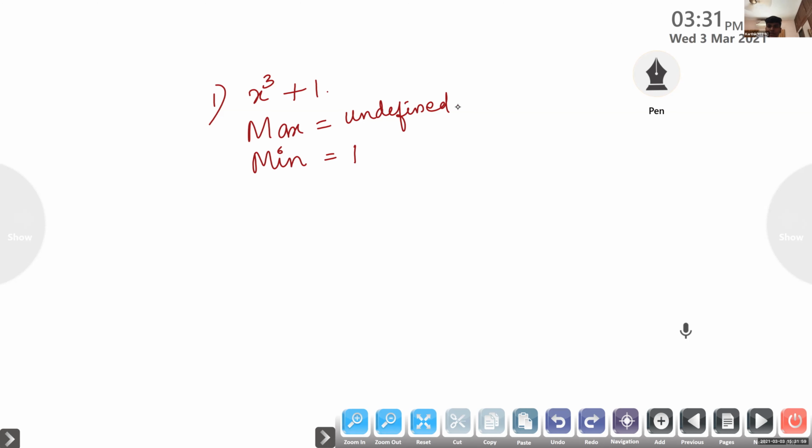1 is wrong. Why? Suppose I substitute -2. What happens? Is it minus 7? Suppose I put x is minus 4. What happens? Minus 64 plus 1. So the value will keep decreasing.